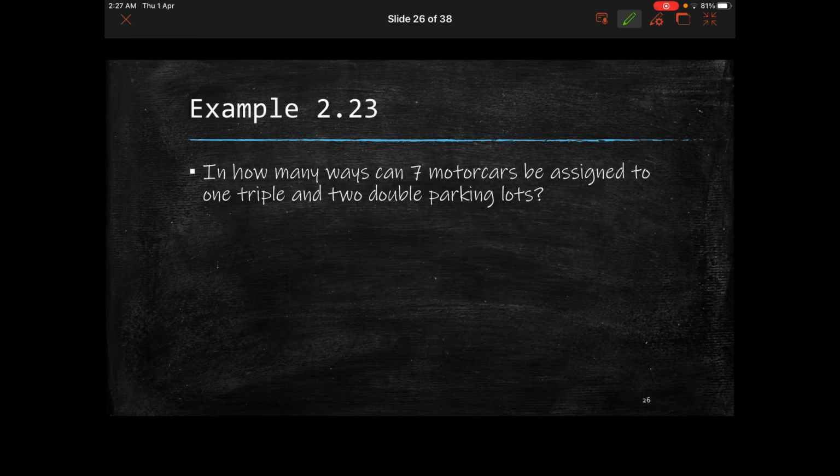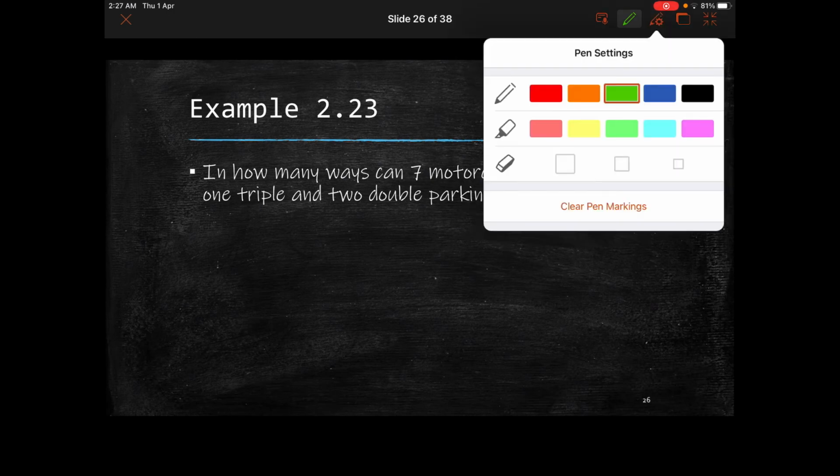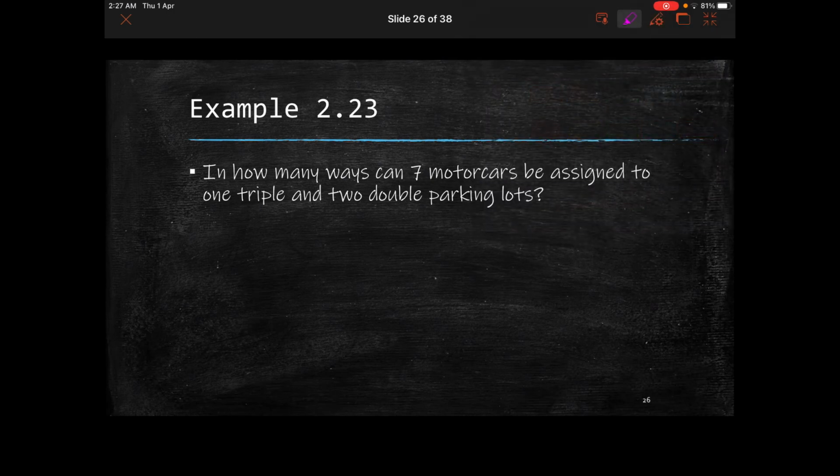So in this example, we have to find how many ways can 7 motor cars be assigned to 1 triple and 2 double parking lots. Okay, so we have 7 motor cars, and then 1 triple and 2 double parking lots.